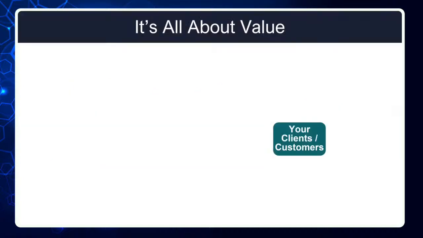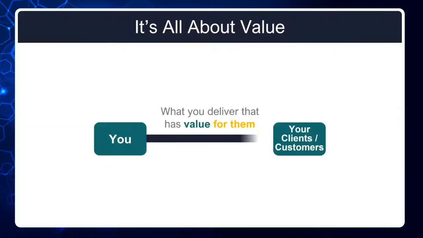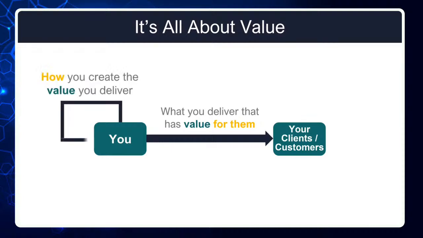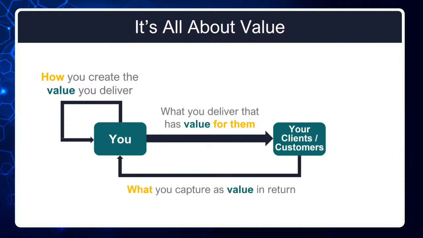The value that you give to your customers, and remember, it's got to be something that they value rather than something that you value, how you create and deliver this value, and of course the value that you get back from them. And that is literally as complicated as you need to get in order to explain the business, because all business, all organizations, all teams, business units, all have to function basically in the idea of creating value for someone else and capturing value in return.